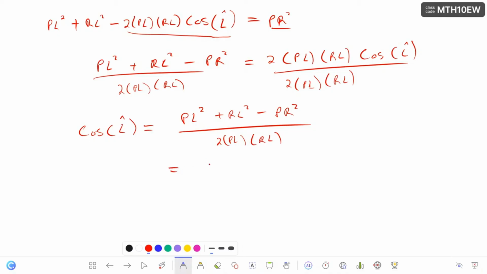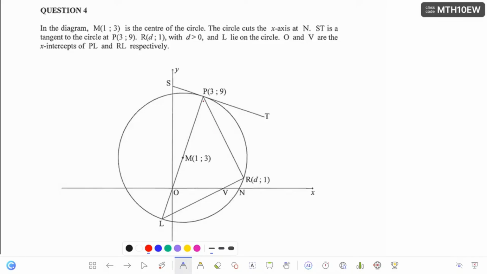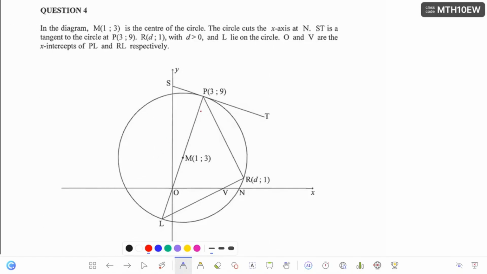So now we need to check what is the length of PL. PL, I said, is the radius squared. You remember the radius squared that we found to be 40. So you just need to square root it.